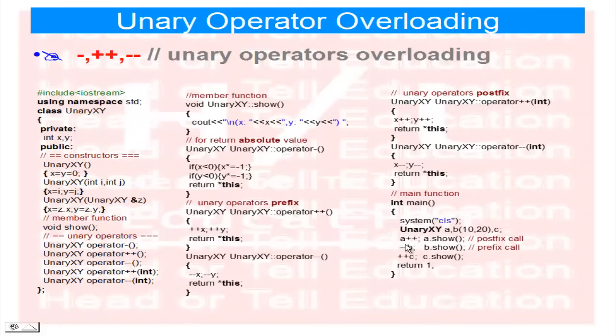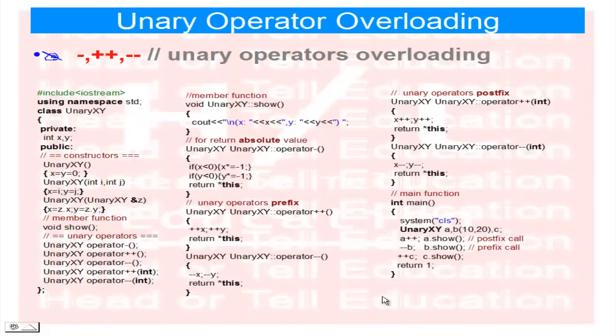Here I am calling a plus plus, so this is the postfix call. And here is the prefix call, minus minus b, then b dot show, and again I call plus plus c, a prefix call, and then show the value. So this is the full code for the unary operator overloading example.